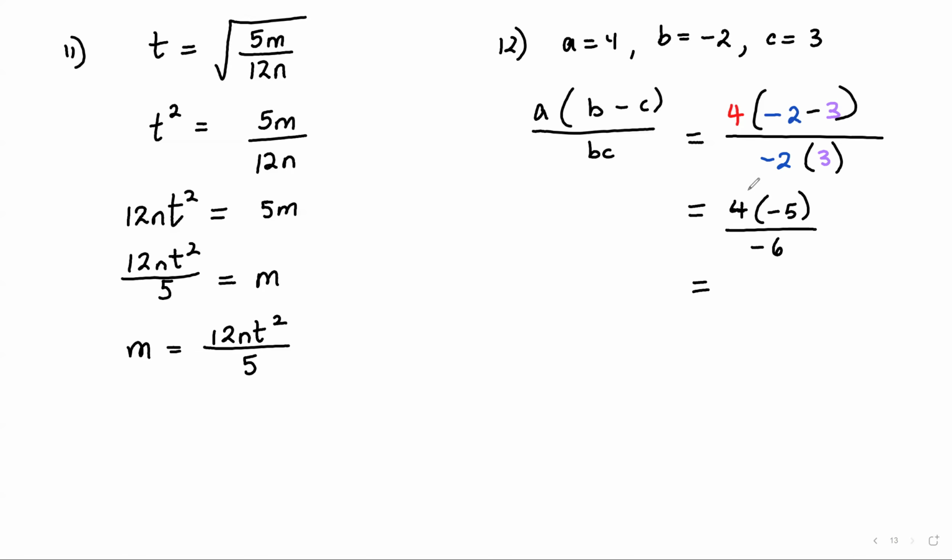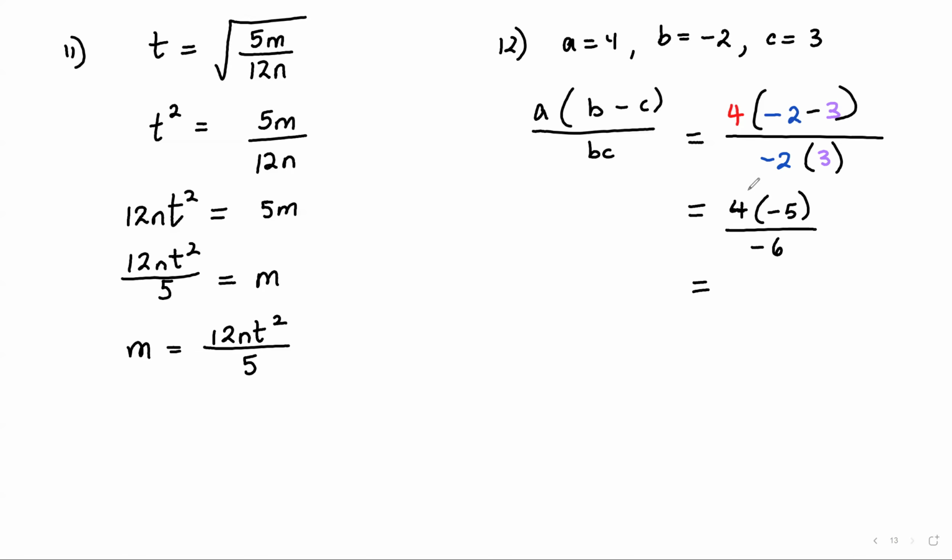I could say 2 into 4 is 2, and 2 into -6 is -3. This would leave me with 2 times -5, which is -10 over -3. And a negative divided by a negative is a positive, so this will be 10 over 3.